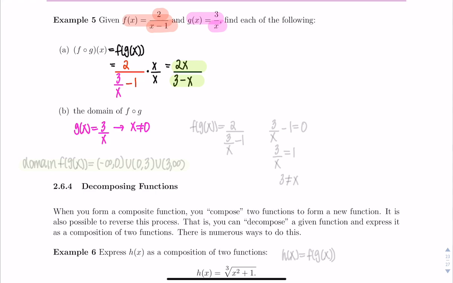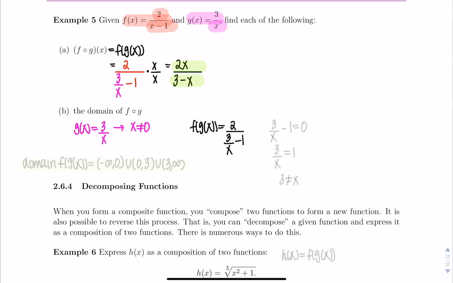So now we want to look at our new defined function. f of g of x equals 2 over 3 over x minus 1.